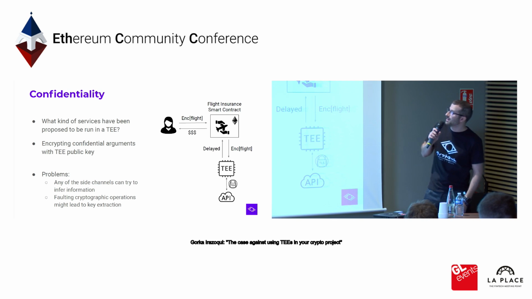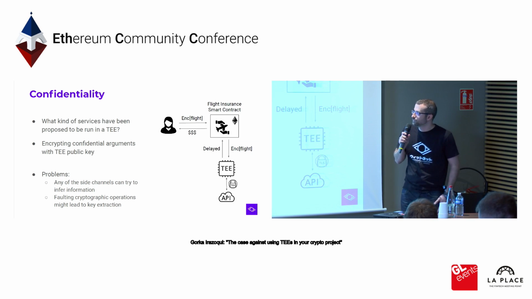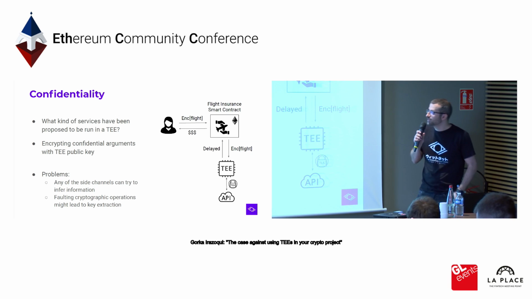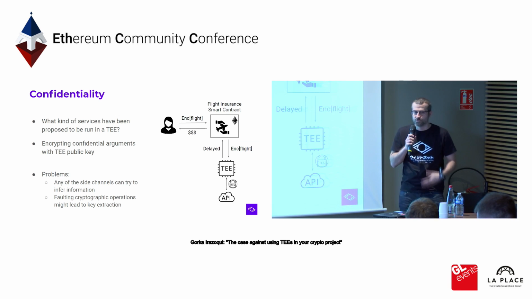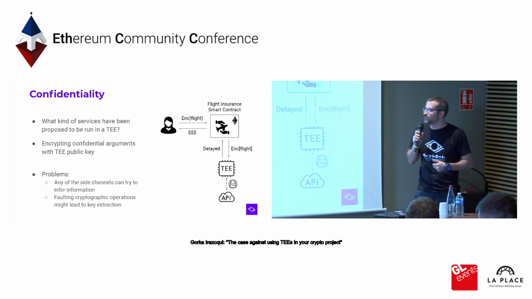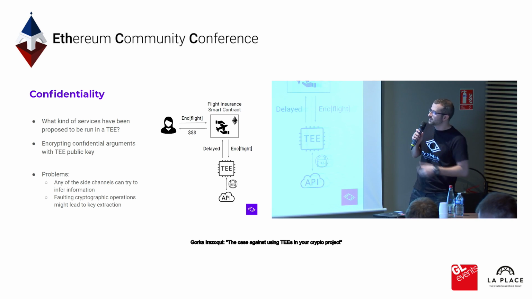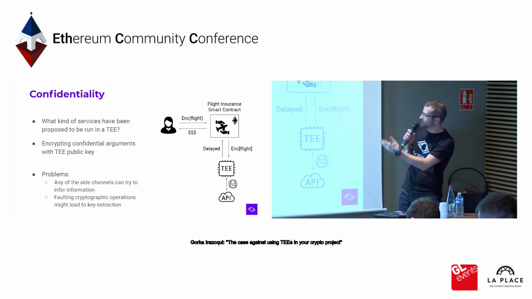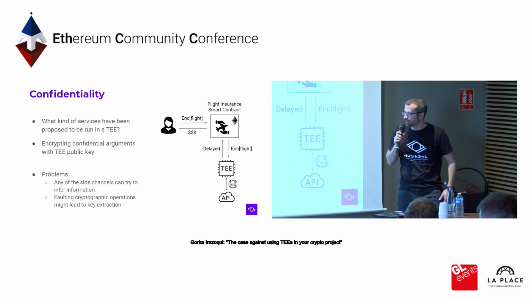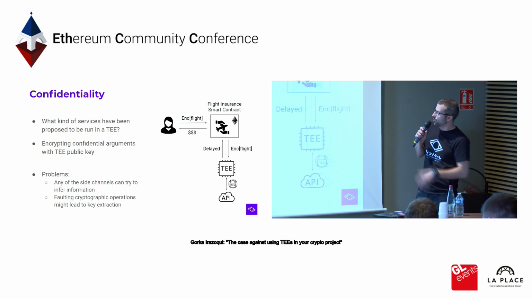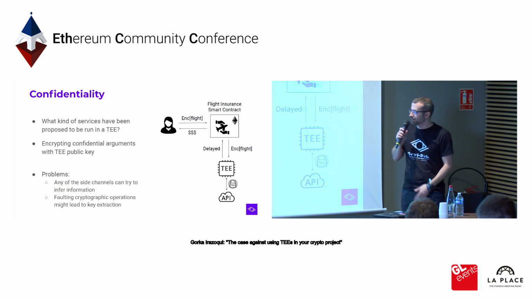The typical example is a flight insurance smart contract in which Alice wants to cash out some insurance money and doesn't want to disclose which flight she was going to take. So she encrypts the data with an asymmetric key that lives within the TEE, which is the only one that can decrypt it.